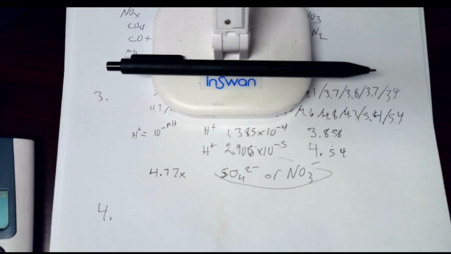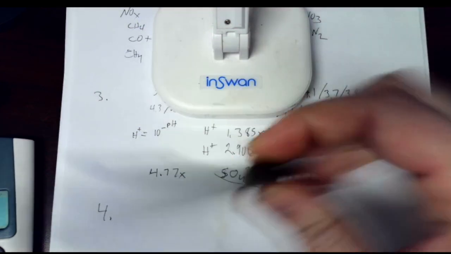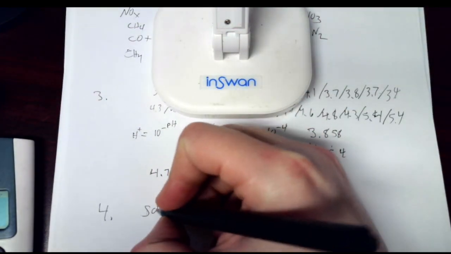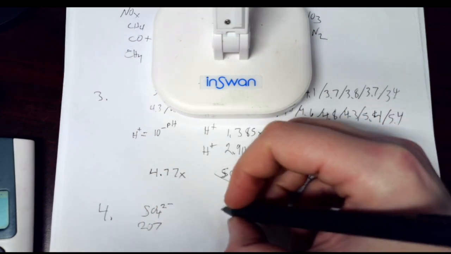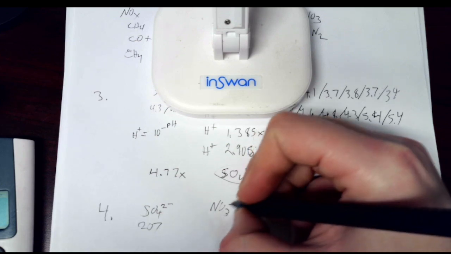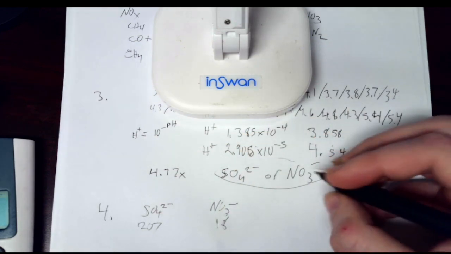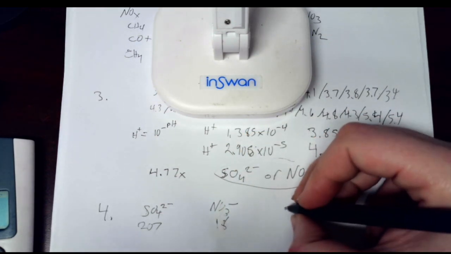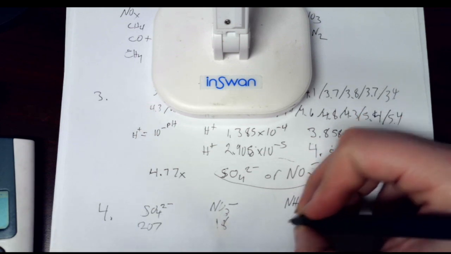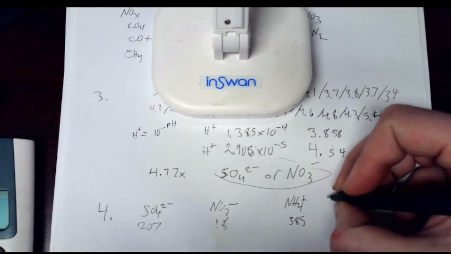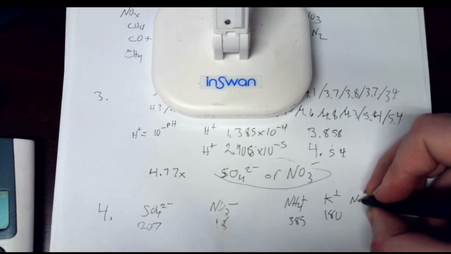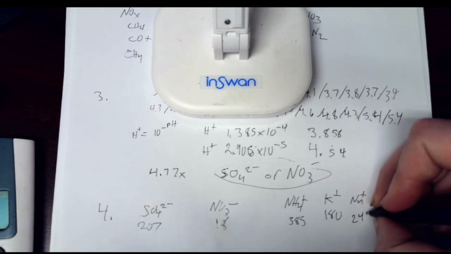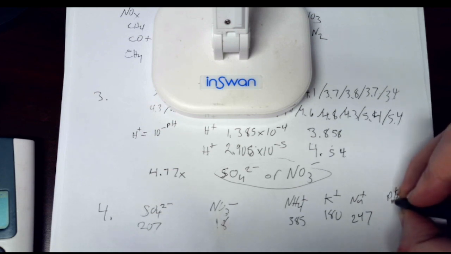So, we need to use the molar mass to convert sulfates 207, nitrates 18, and ammonia on the plus side 385, potassium 180, sodium 247, and our pH, which is going to be hydronium, 5.22.